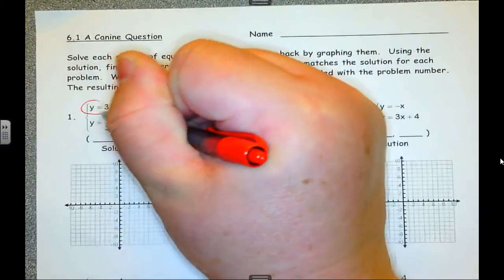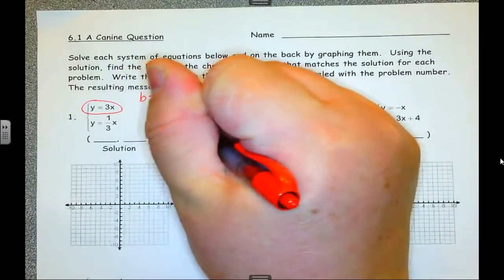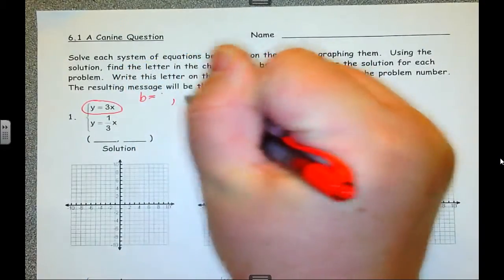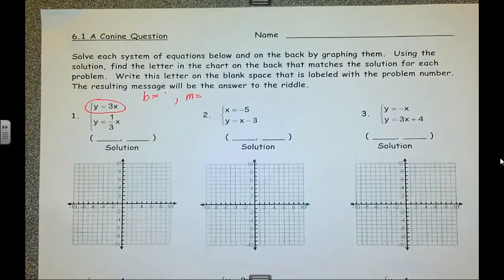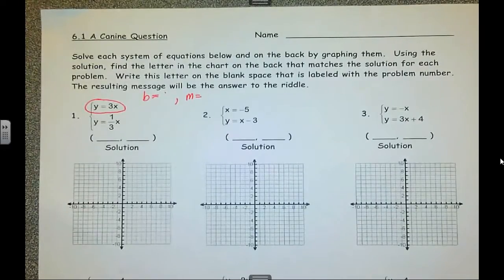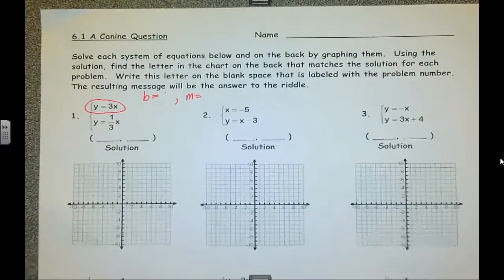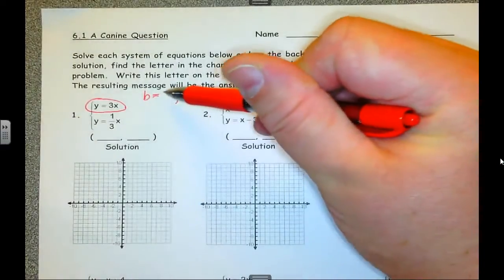First thing I'm going to do is graph this line. Y equals 3x. Okay, so I need my y-intercept, and I need my slope. What's my y-intercept here? Well, let me ask you this.